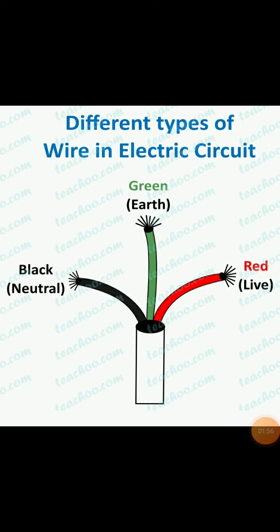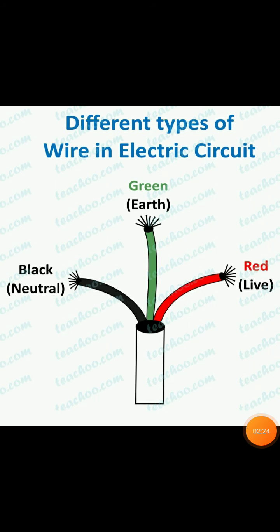In our country, the potential difference between red wire and black wire, that is the live wire and neutral wire, is 220 volt. This is to remember: the difference between live wire and neutral wire is 220 volt potential difference.